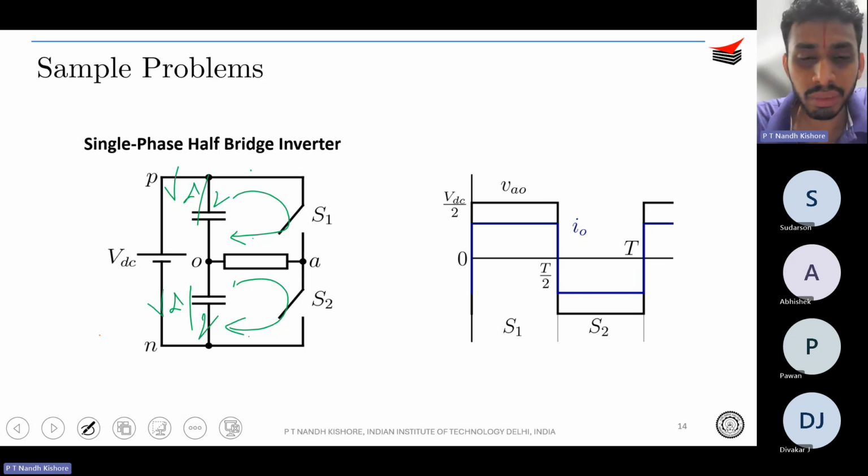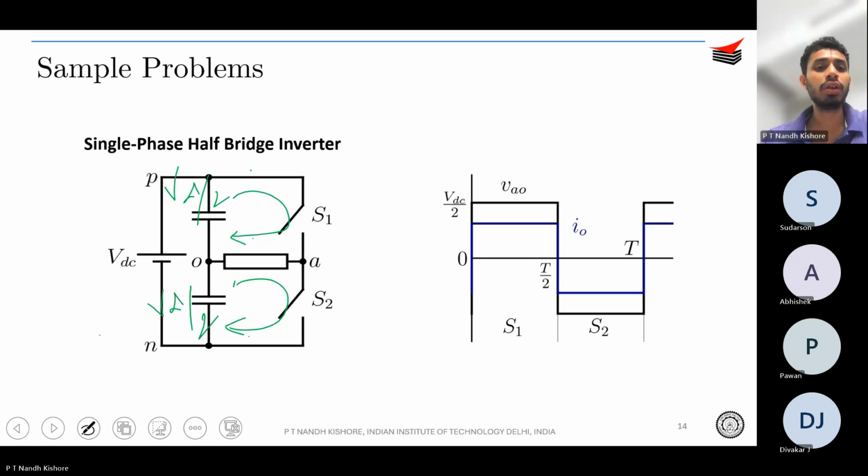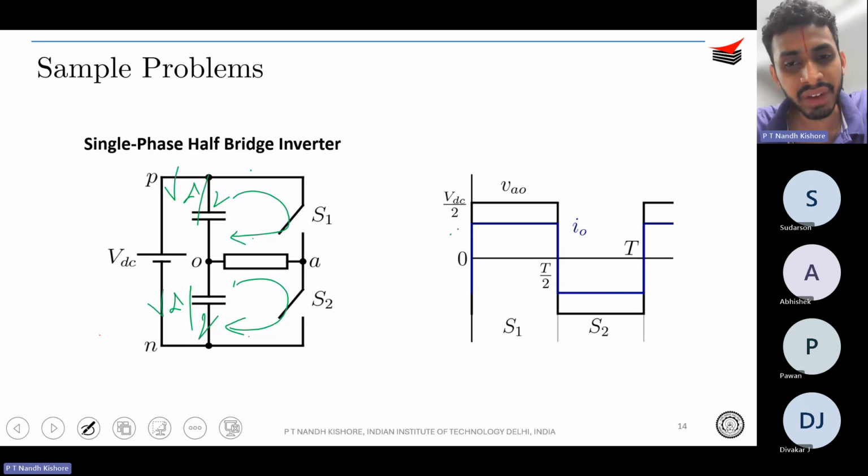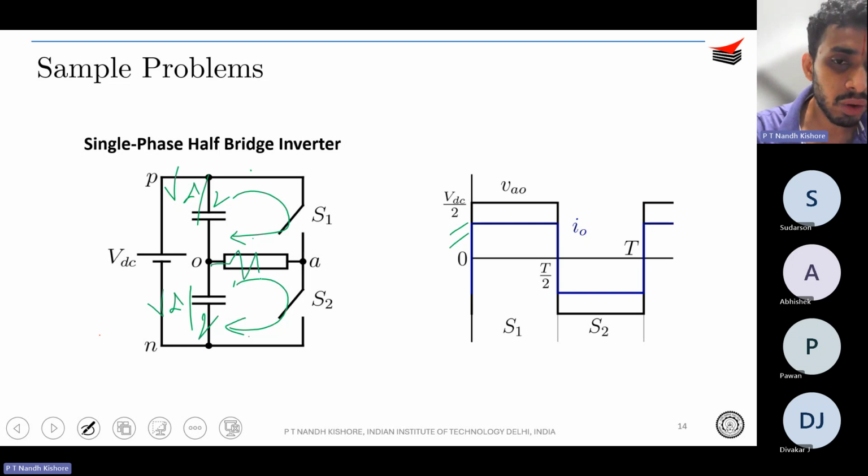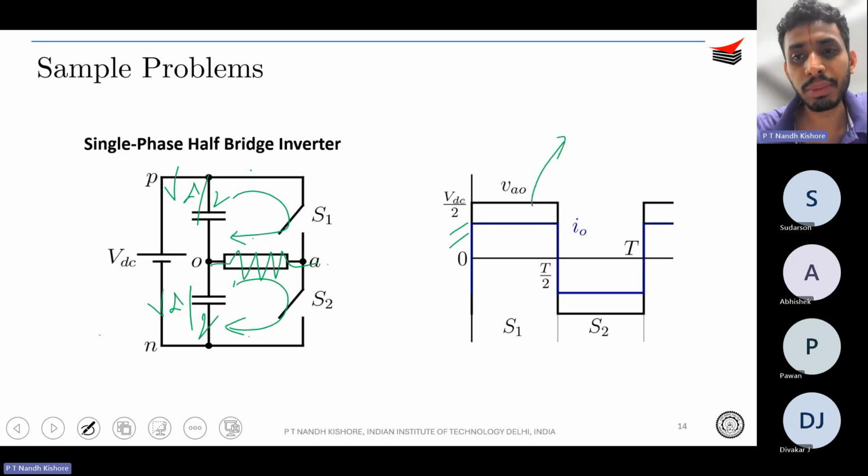So if your S1 is on, you're going to get plus V_DC by 2 across V_A0, and if your S2 is on, you're going to get minus V_DC by 2. It's a square wave because you're having a discrete voltage of V_DC by 2. If your load over here is a resistive load, your current is also going to be a square wave. As you can understand, the square wave is composed of infinite harmonics, ideally. Correct?